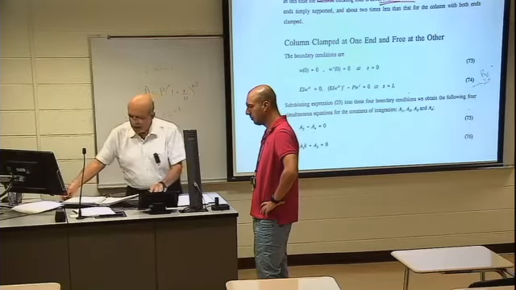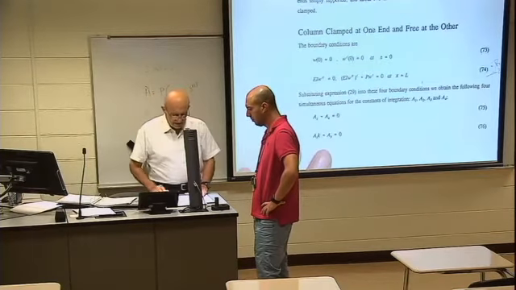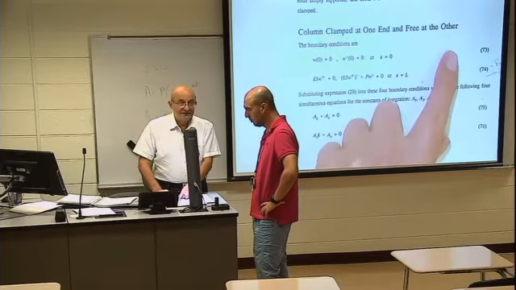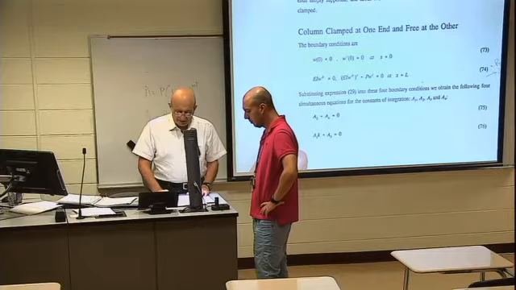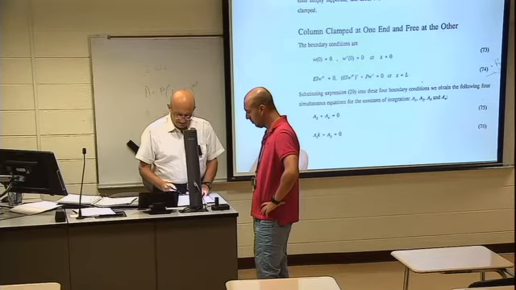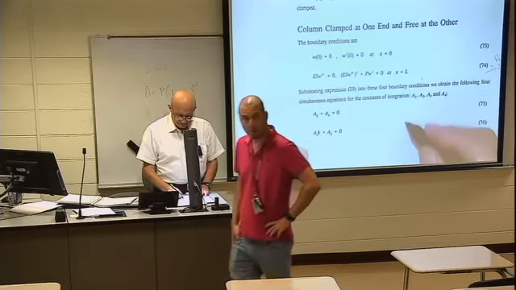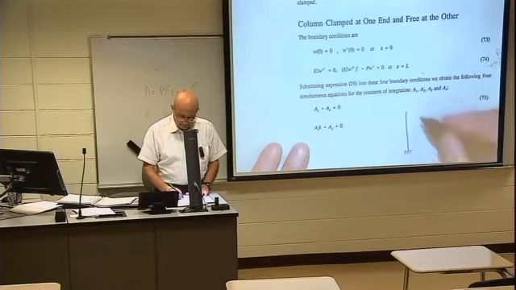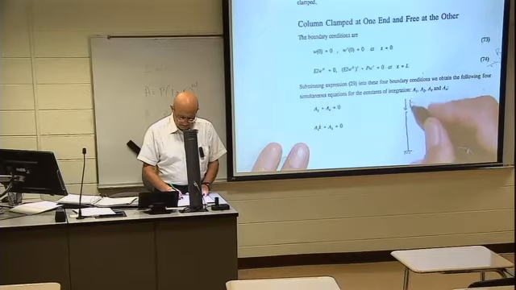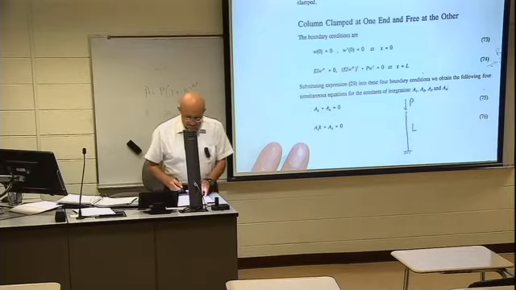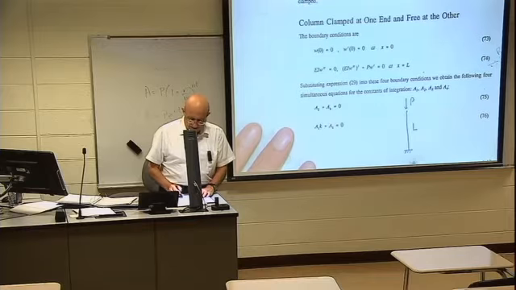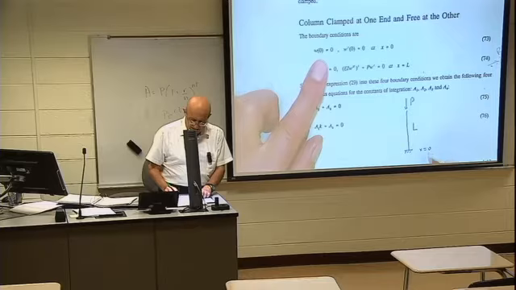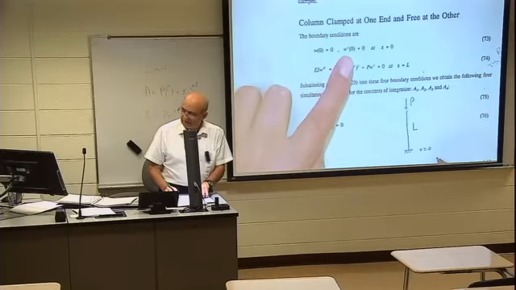So I will deal with a column clamped at one end and free at the other. We deal with the buckling of such a column. That means the column is like this. The boundary conditions at x equals 0 are w equals 0 and first derivative equals 0.